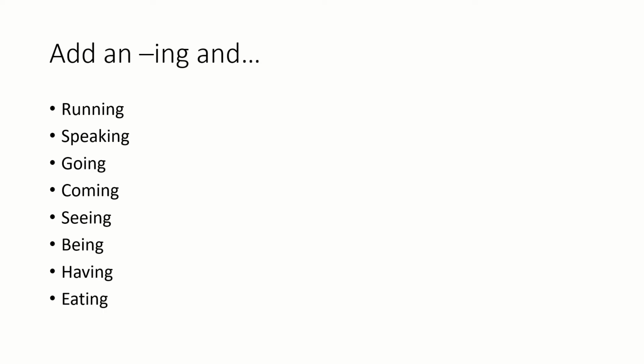But if we add an ing to the end of the verb, it makes it present tense. Today we'll be talking about present tense verbs, since those are the simplest and easiest ones to do. So we have running, speaking, going, coming, seeing, being, having, and eating.